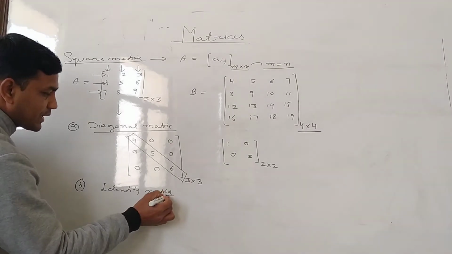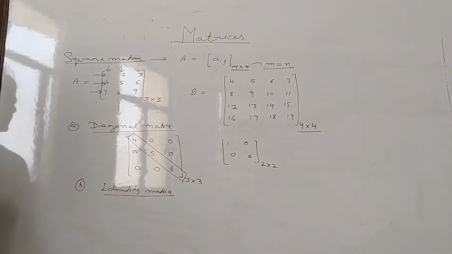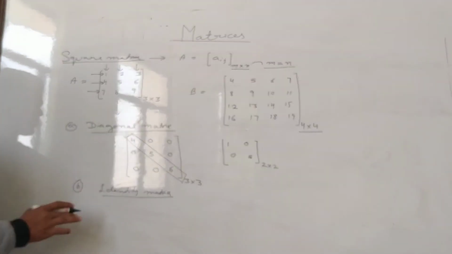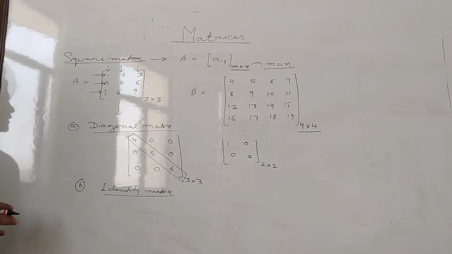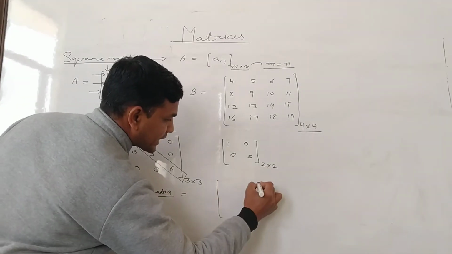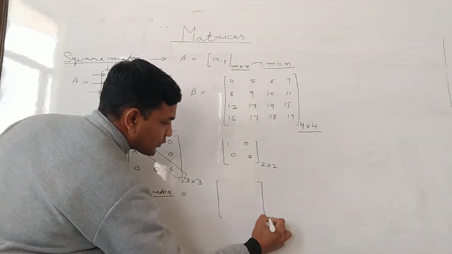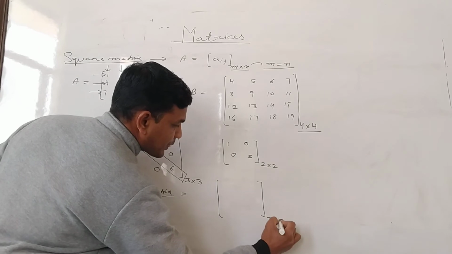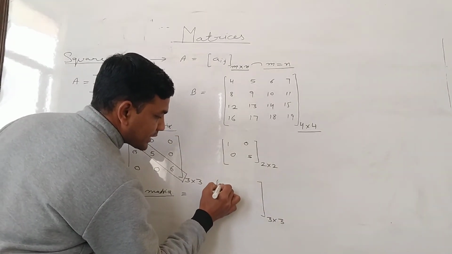The identity matrix is a matrix in which only the diagonal elements are present, or we can say that a diagonal matrix is an identity matrix if all the diagonal elements are unit. It means first it is a square matrix, second it is a diagonal matrix.